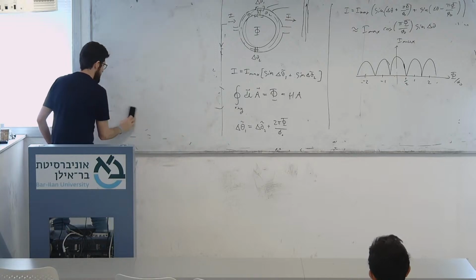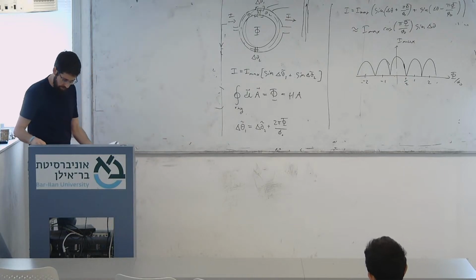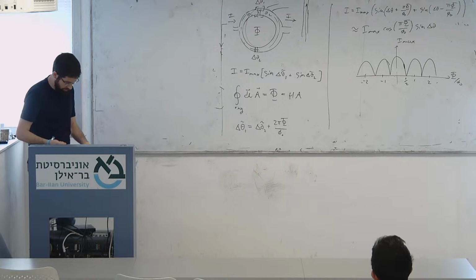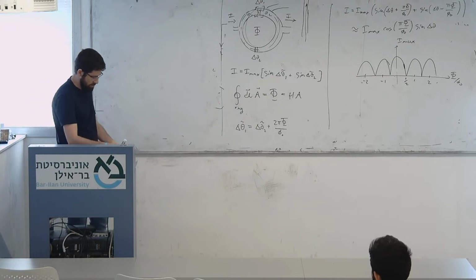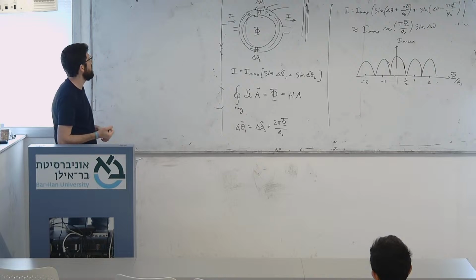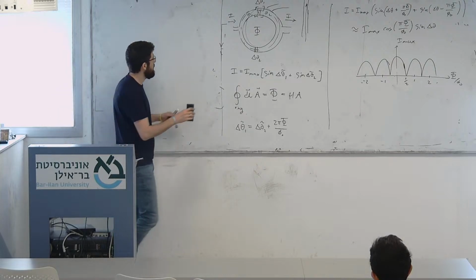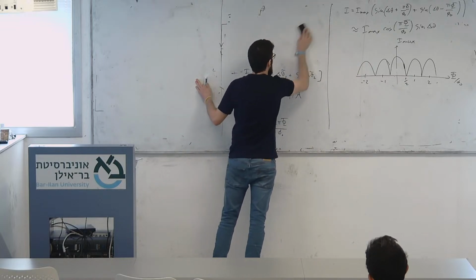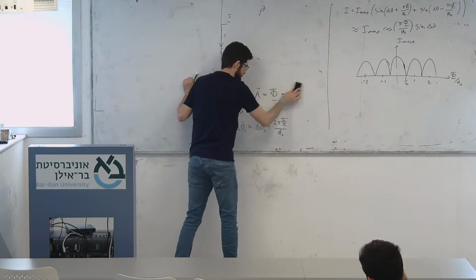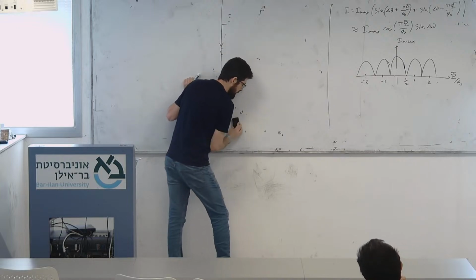So BCS theory. Let me give you a little bit of background. Everything we've done up to now was macroscopic. What did we do?